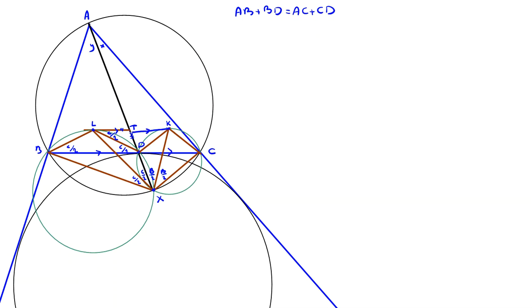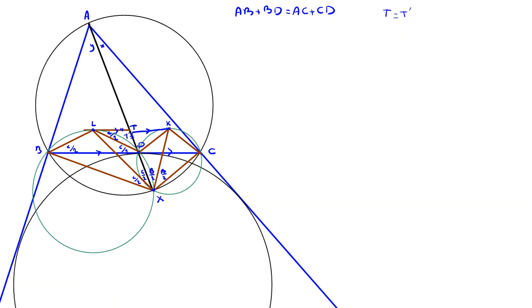So if I prove that T equals T prime, then these are two parallel lines, and because both of them are parallel to BC, they have a common point T. Then we can say this is one line, because when two parallel lines have one common point, they are the same line. So then I can say LTK is our common tangent, because it is tangent to this circle and also parallel to BC. So our purpose is to prove that T equals T prime.